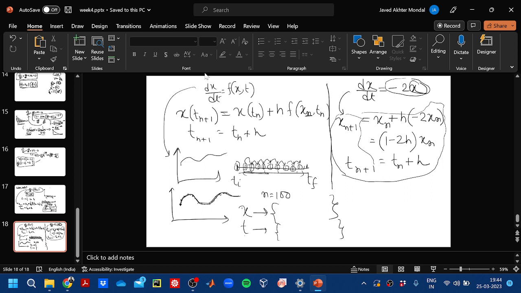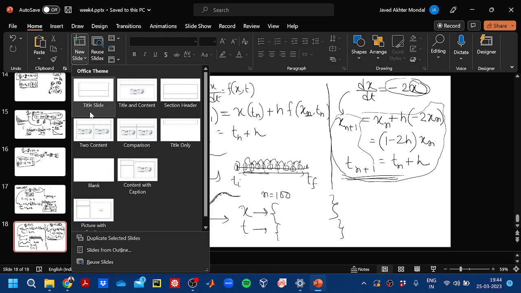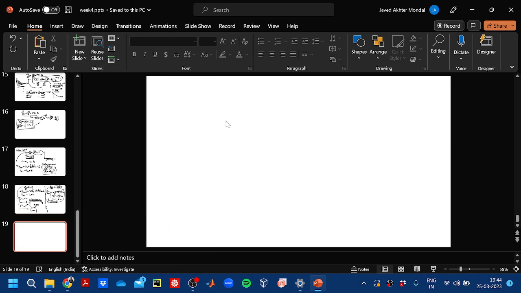Now the major problem of this Euler method is the convergence of the function. The accuracy of your result depends on how small you are taking your h value. Suppose we have the equation dx/dt equal to minus 2x, and x at t equal to 0 is 1.